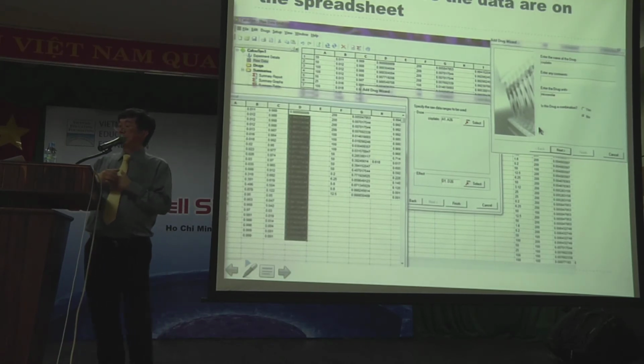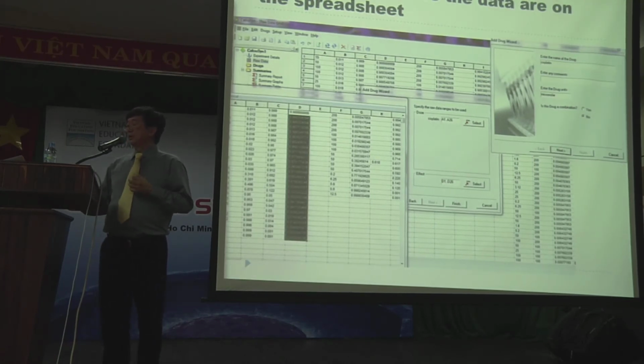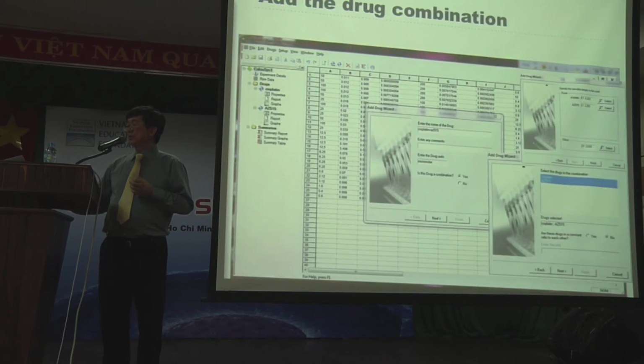Then you tell the computer which column represents what: which column is drug A, which column is drug B, which column is the combination.